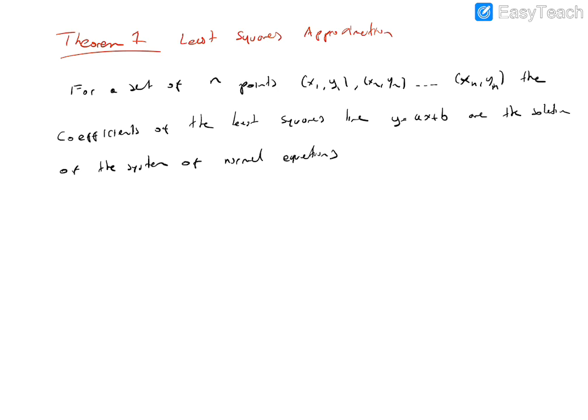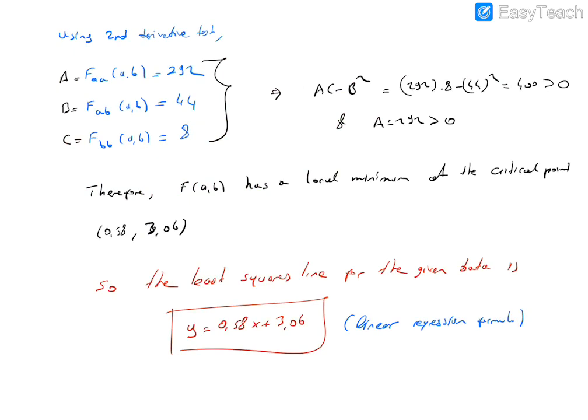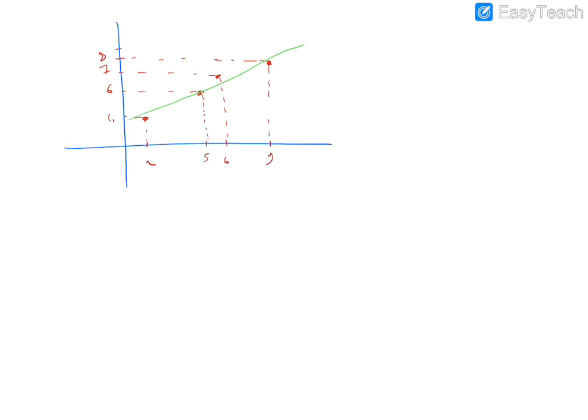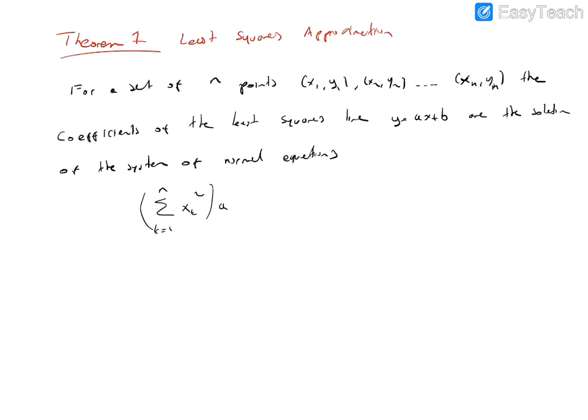So by solving this: the summation from 1 to n of xk square times a, this is the coefficient from the first equation. So here, that one, 292, okay. So plus the summation from 1 to n of xk times b.